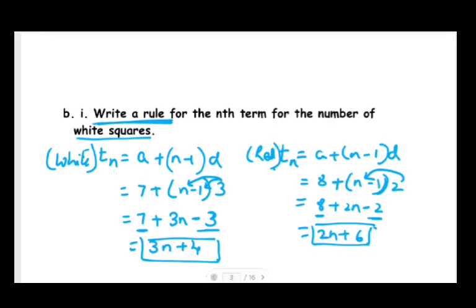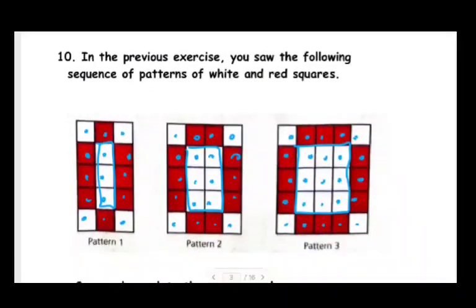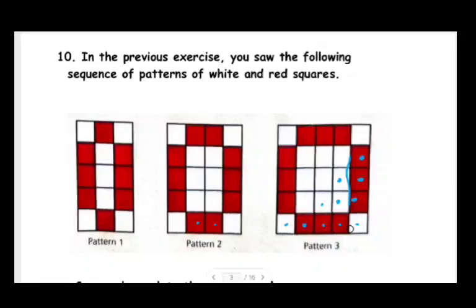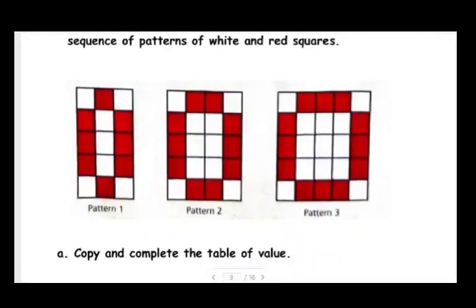I'll show you how it works out. In the first position, how many squares do we have in total? It's 1, 2, 3, and 1, 2, 3, 4, 5.